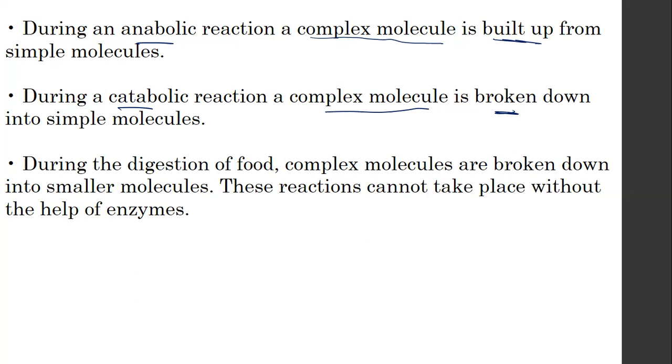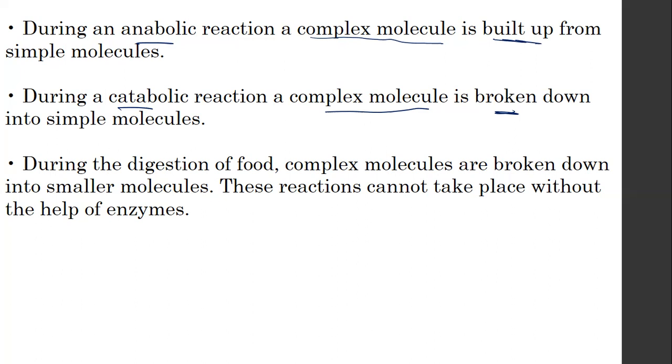But in order for that reaction to take place, we need the enzymes. The enzymes are the middlemen. They make the reaction take place faster. So we need the enzymes to break down the food molecules into smaller molecules, and that is happening during digestion of food.